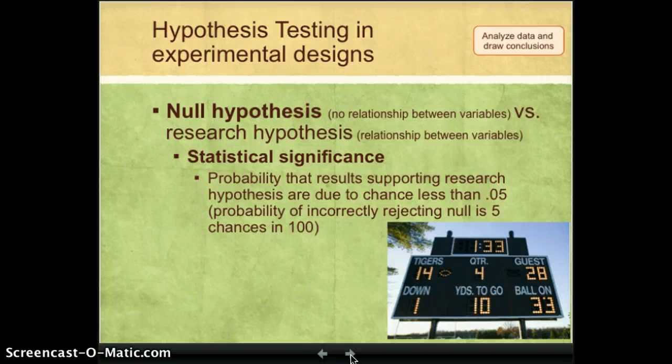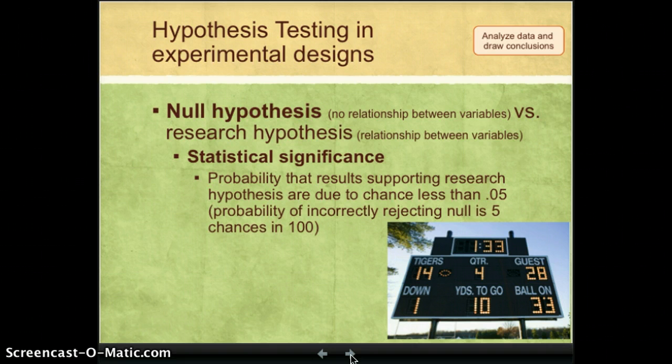The null hypothesis basically says that if you have a normal sample from a normal population, and you randomly assign that sample to 2 groups, the experimental and the control group, you'll have 2 groups that start out just like the normal sample, the normal population. They're equal groups. So at the end of the research, they should still be equal. That's the null hypothesis. There's no relationship between those variables.